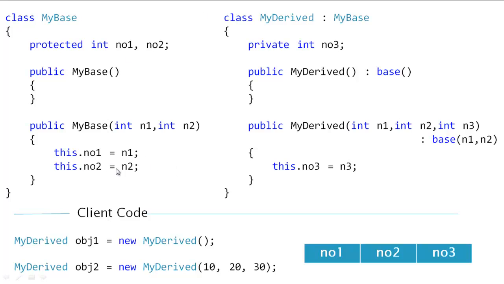So number 1 and number 2 will get initialized by 10 and 20, and then you will come back to my derived constructor, where number 3 will get initialized with 30. So class members should get initialized in the constructor of that class only. This is how constructors work in inheritance.